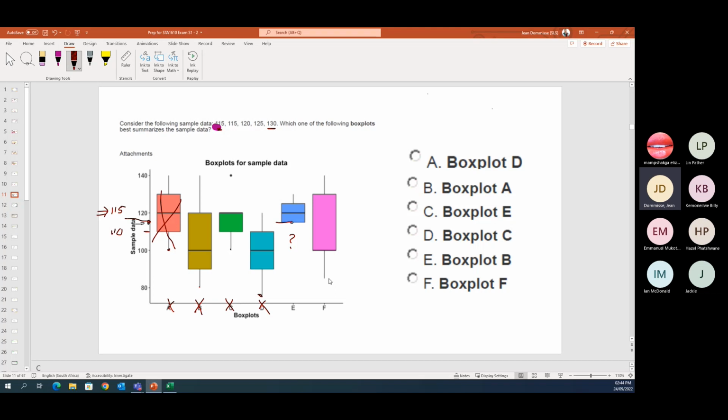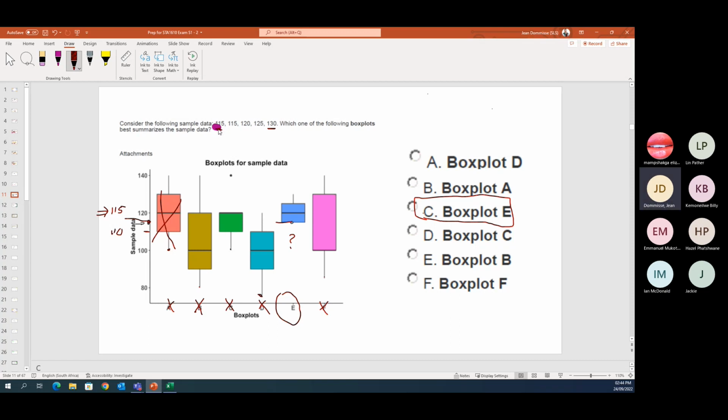Then F, again, minimum, definitely under 100, so not an option. So then one can see the only possible one that we deal with is box plot E. So box plot E then gives you that it needs to be option C. So without nearly working out anything, I just eliminated a lot of box plots to get to that one.